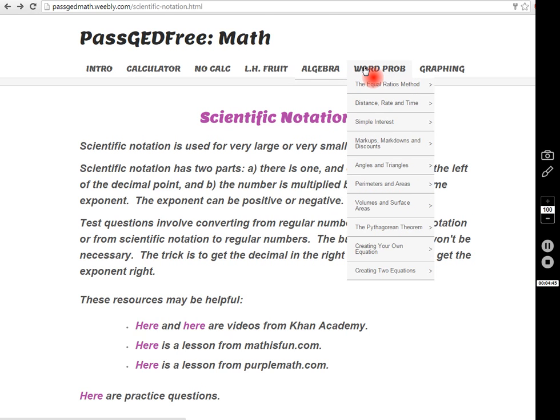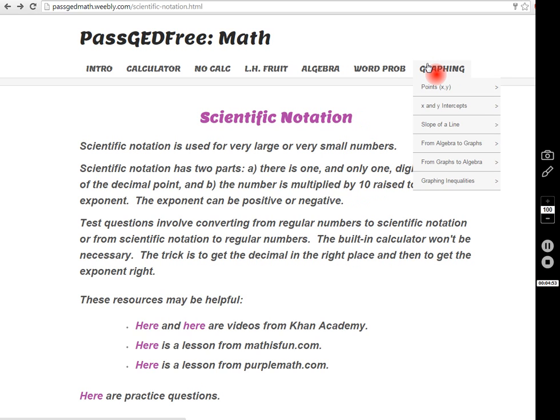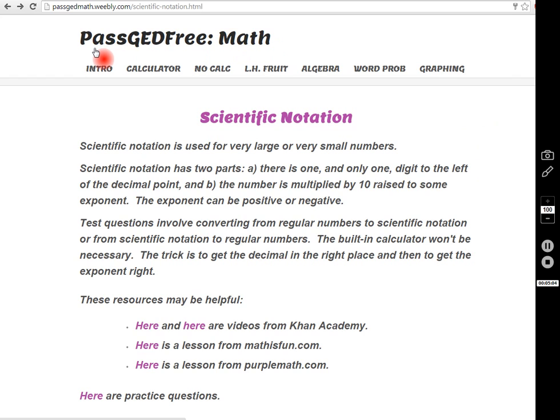The word problem section shows you how to identify and then to solve 10 different kinds of word problems. And the graphing section shows you how to move from an equation to a line and from a line to an equation. The sections here all have internet lessons and examples.